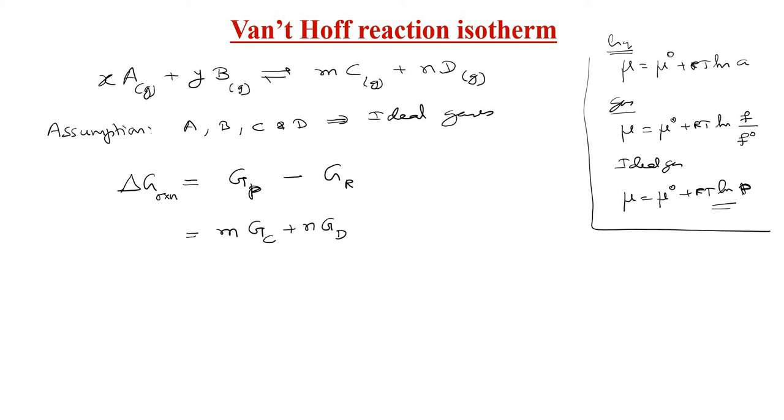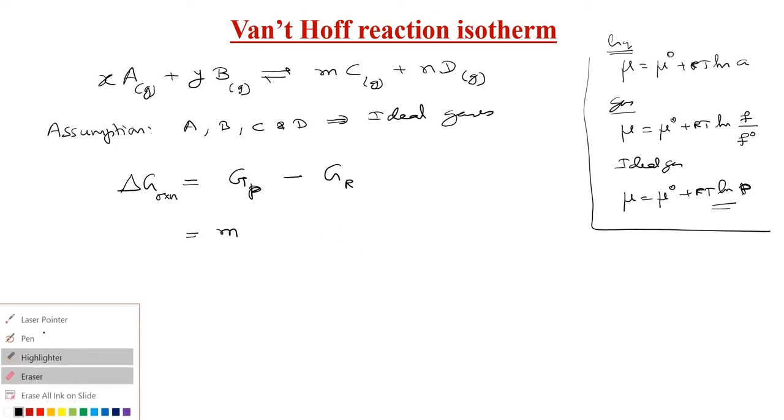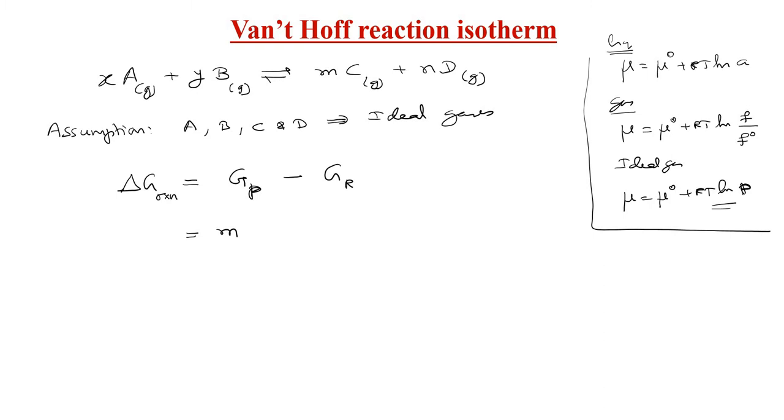I'm very sorry, one second, I will write like this. Instead of free energy we can write directly: Gp is the free energy of the product, Gr is the free energy of the reactant. What are the products we have?